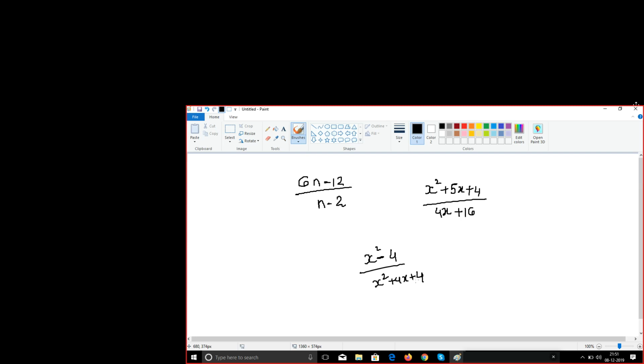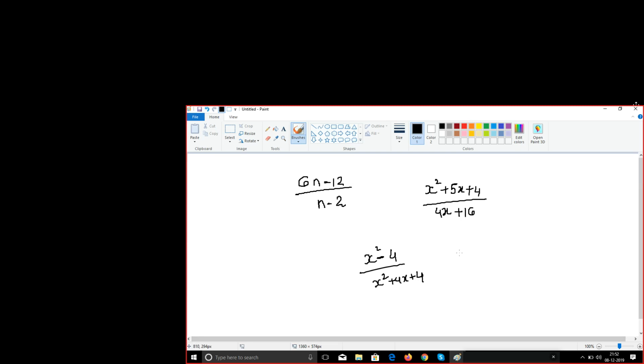I got the answer as like 0. How is 0? Because everything cancelled each other out. If everything cancels each other out, then it should be 1 rather than 0. See this one, if you factorize the numerator, what do you get?